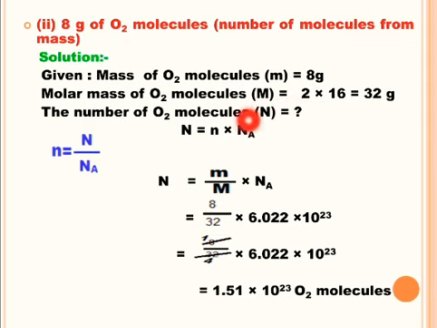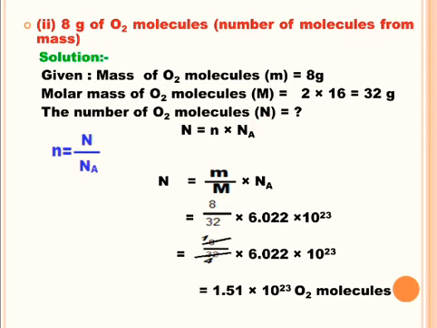Means it is oxygen molecule, so 2 atoms of oxygen multiplied by its atomic mass. So what is the atomic mass of oxygen? That is 16 u. So multiply 2, the number of oxygen atoms, by its atomic mass 16, and the value comes out to be 32 grams. So it is the molar mass of oxygen molecule. And what we have to find out? We have to find out the number of oxygen molecules, that is capital N.